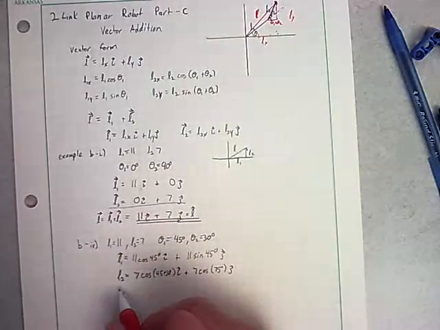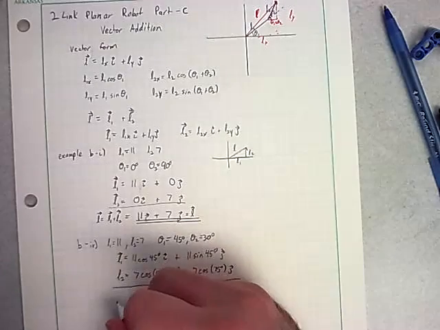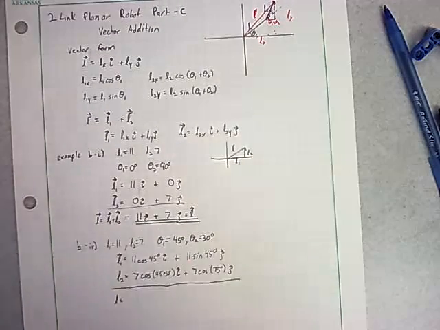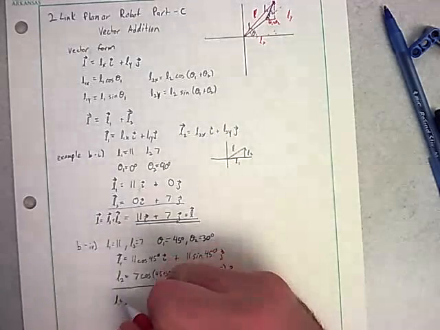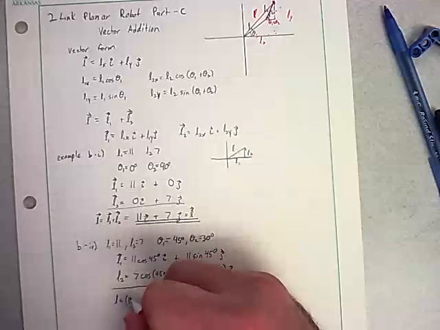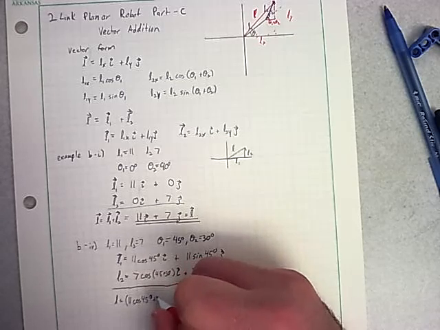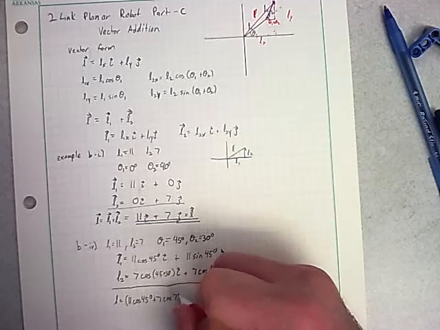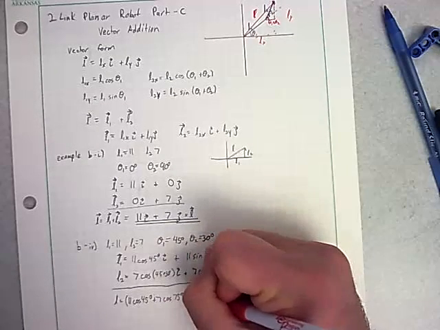So L is going to be what happens when I add those up. So it's going to be 11 cosine of 45 degrees plus 7 cosine of 75 degrees in the I direction.